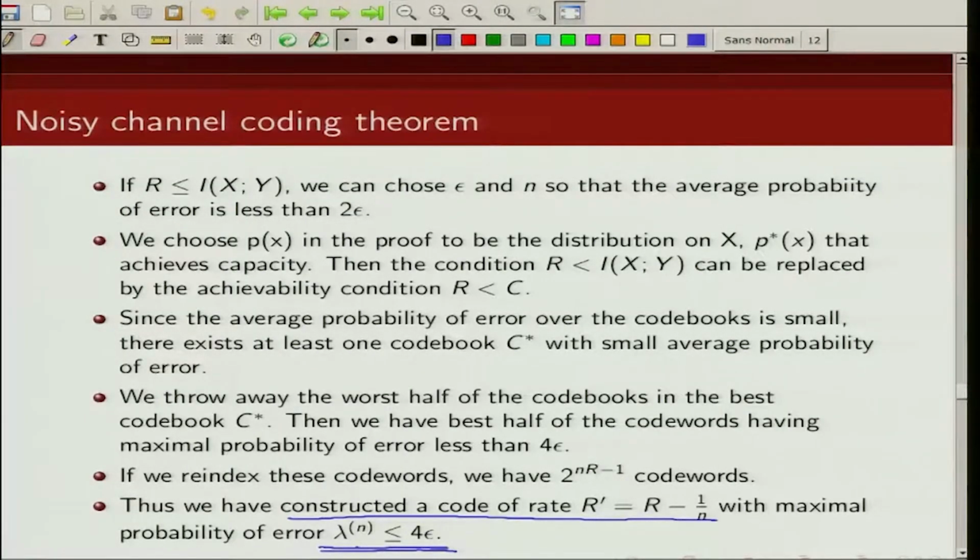So this proves that when our rate R is less than capacity, then we can reliably communicate, because we have shown that the maximal probability of error is bounded by 4 epsilon.